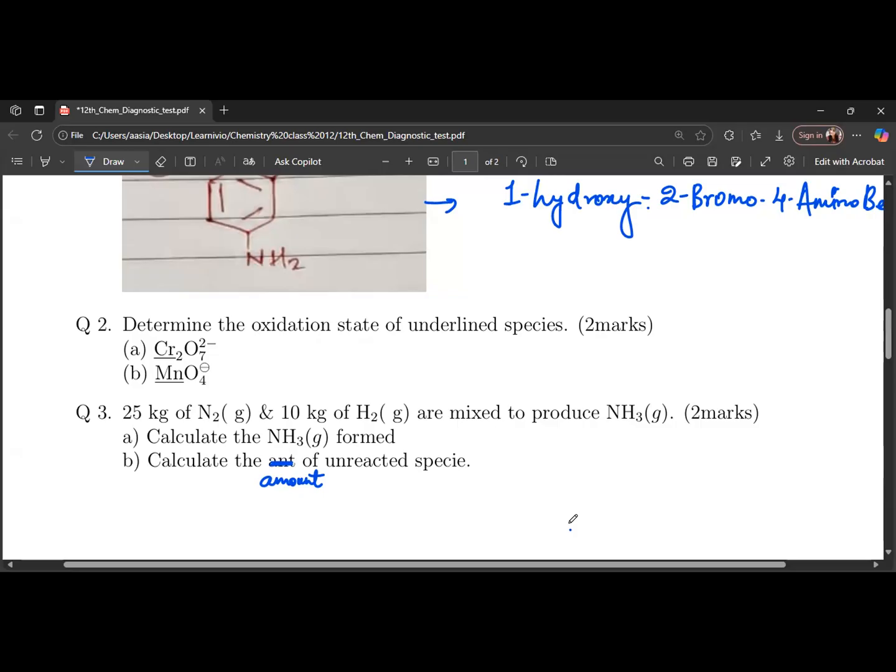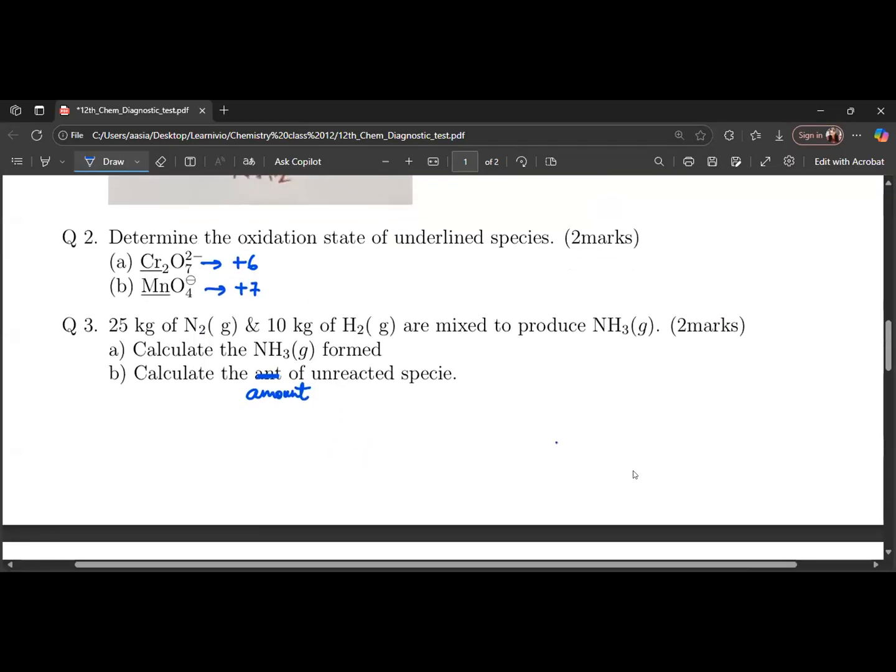I'm done. Then the second one. Yes. Okay, the answer for A is 6, and B is 7. Do the third one.